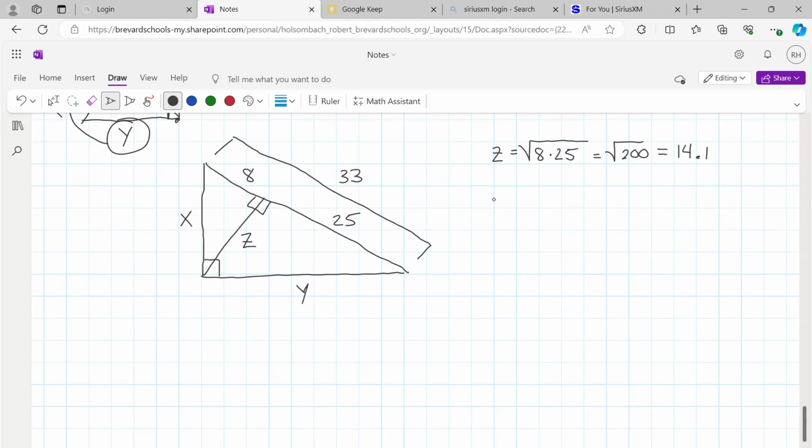Y is equal to the square root of the piece right around the corner, 25, times the entire hypotenuse, which is 33. 825, square root of 825. And 28.7.